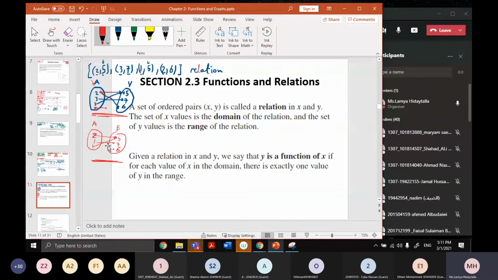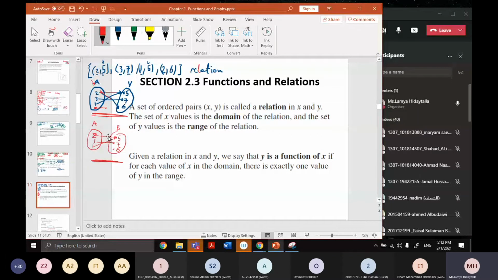A function is a map or a relation, but there are 2 conditions that should be satisfied. The first one: every element here should be mapped, it must have a mapping, and to a unique element. A unique element means I cannot find 2 arrows coming from any element here.